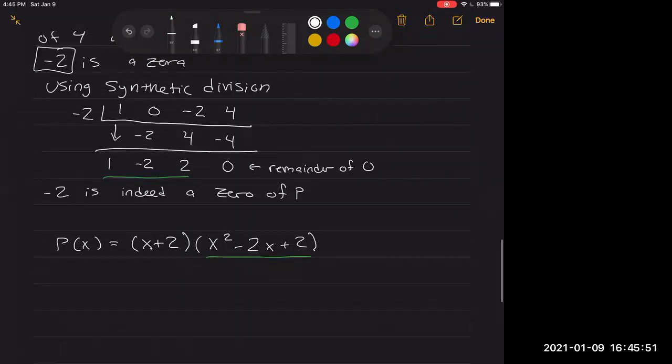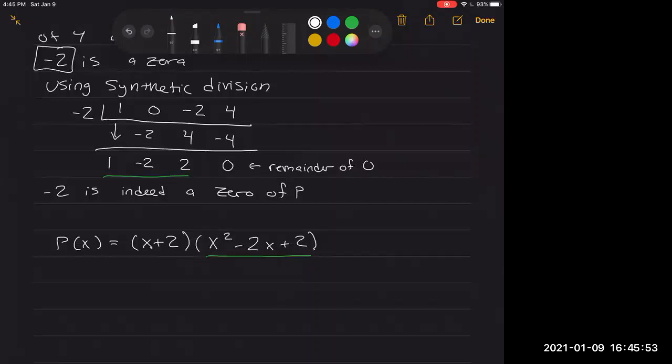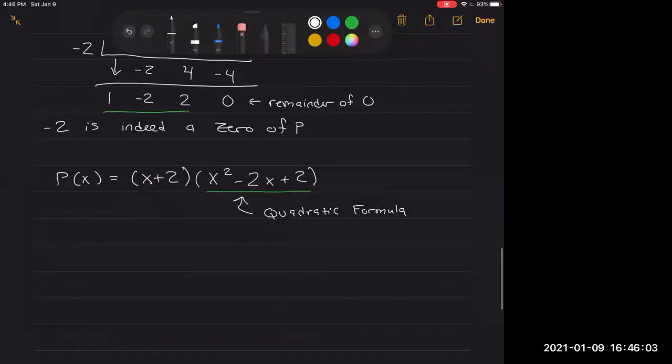And then here, we can just use the quadratic formula. So remember, that will be -b plus or minus the square root of b squared minus 4ac all over 2a. Just for a reminder, in case it's been a while since you've seen it.